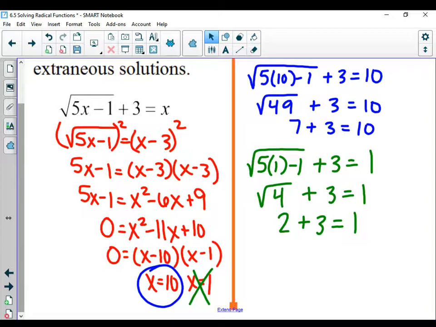Okay? I showed my work off to the side so y'all could see that. You had to do it by hand again. Don't know what the state test looks like. Okay? Any questions on solving radical or rational equations?